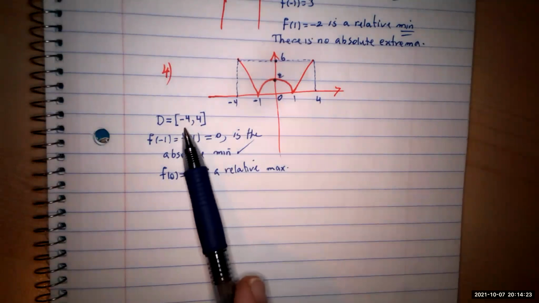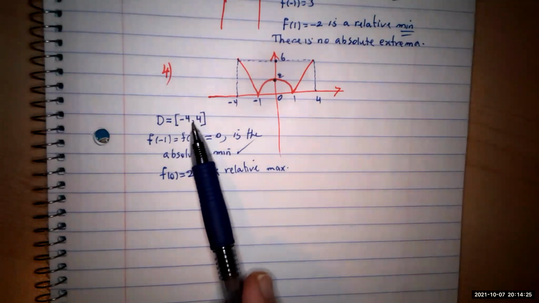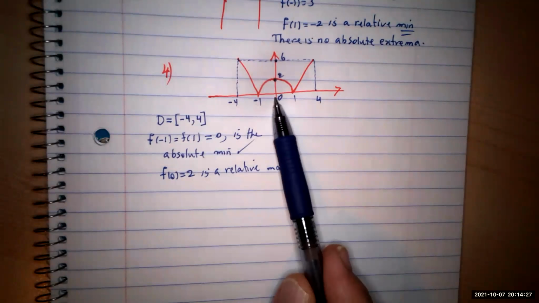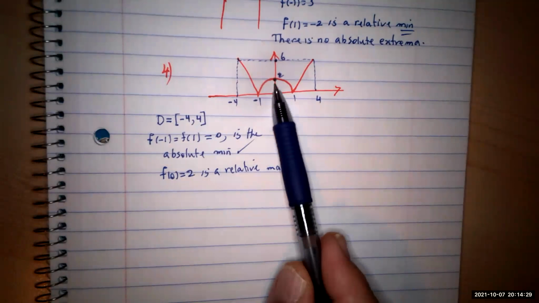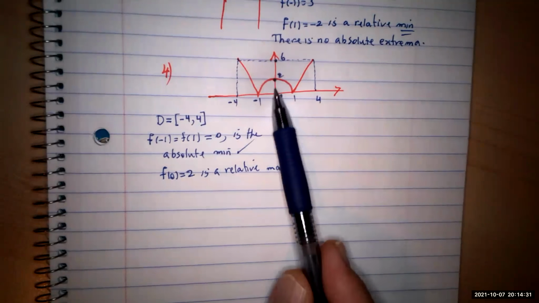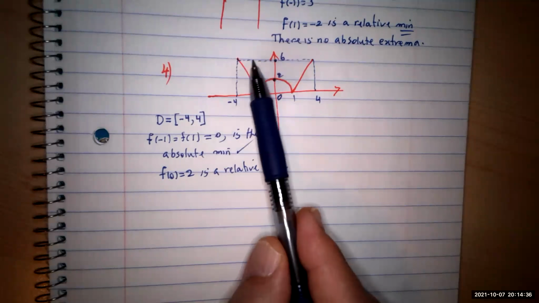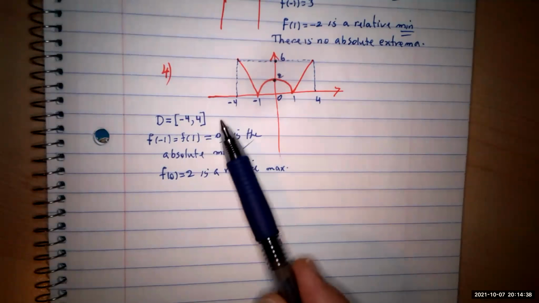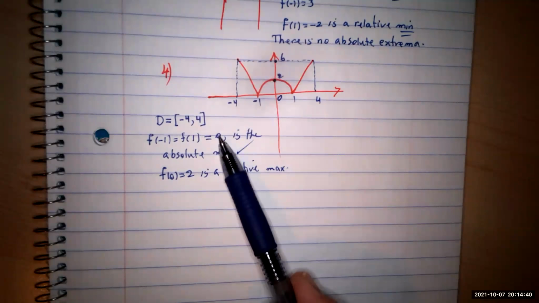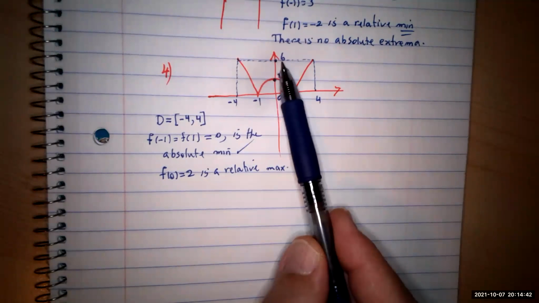So the end of your interval, the value of the function starts from 0 on the y-axis up to 6. So the bottom is 0, the top is 6. So 0 is absolute minimum, 6 is absolute maximum.